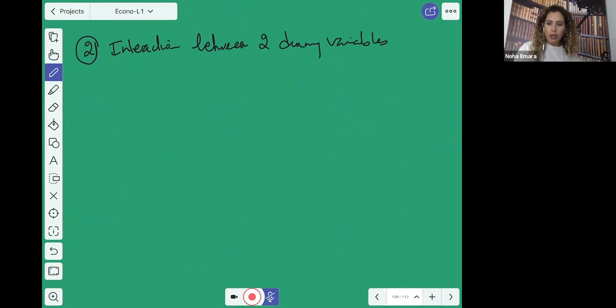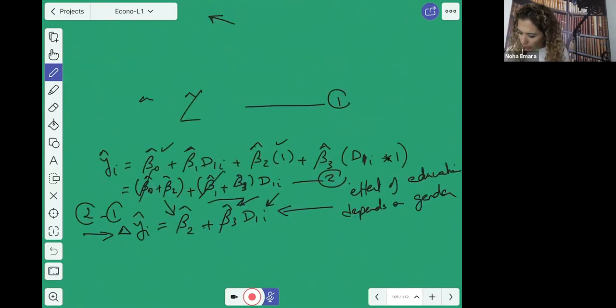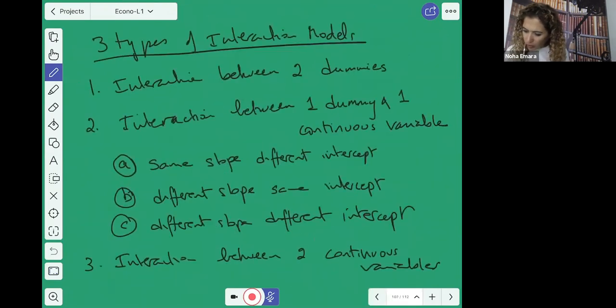In this model, I'm going to have 2 dummies interacted at the same time. And again, let's keep the same story. Y is the earnings, okay? Did I say 2 binary? Oh, we already had 2 binaries. Okay, we are still here.